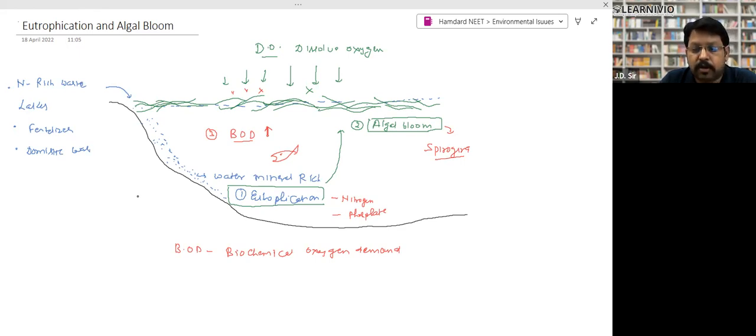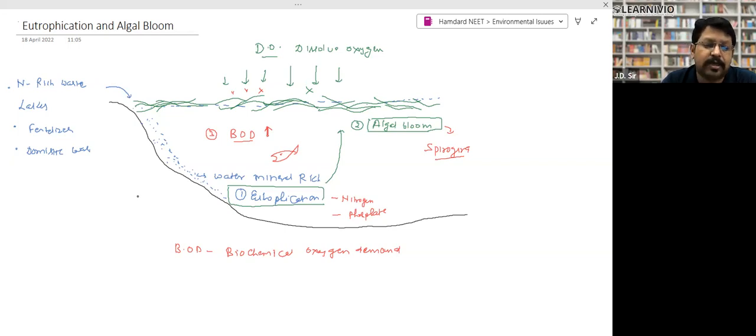Then you use food material. Food material is rich in protein. It means it's rich in nitrogenous substances. They reach the lake and all that. Then again, in agriculture, we use a heavy amount of fertilizer. Fertilizers are rich in nitrogenous substances.